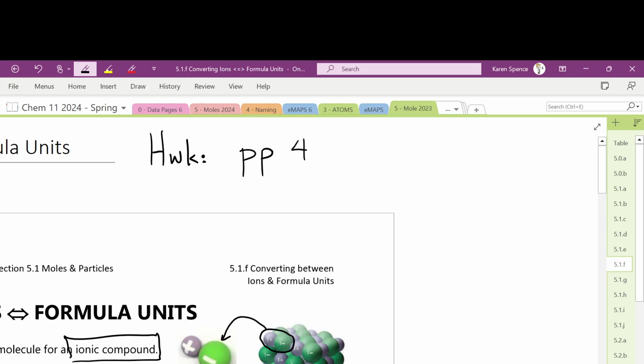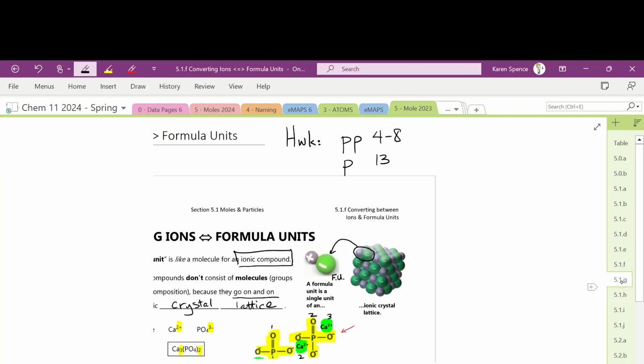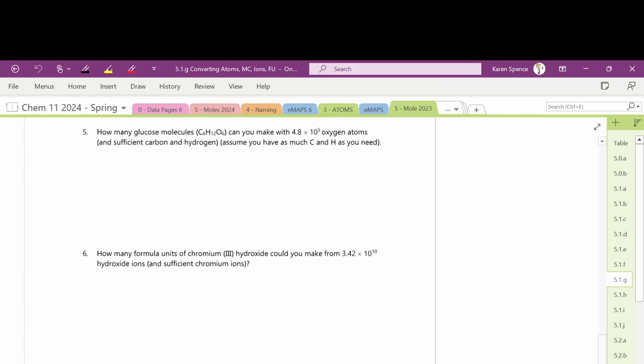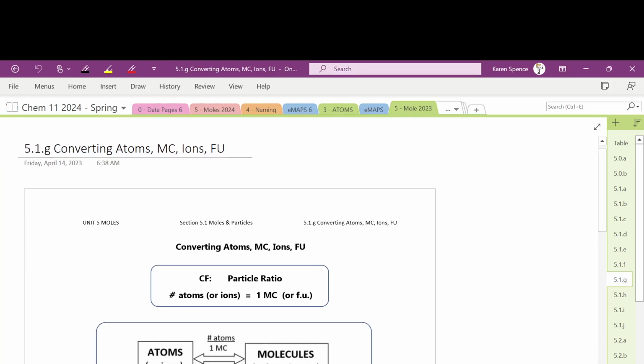It's pages 4 through 8. I'm lying, some of you did. Just ignore me. If you did your homework, you're good. Pages 4 through 8. Page 13. And pages 18 and 19.